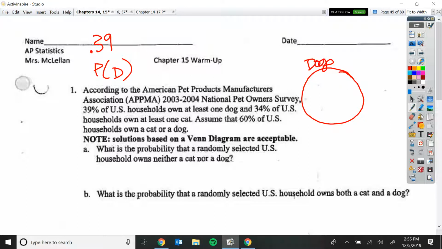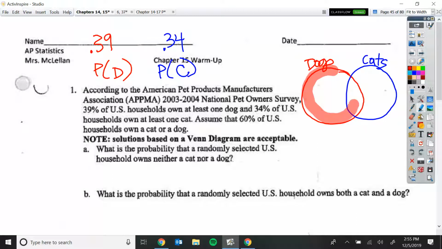Okay, but then we also know that, do you think dog and cat owners are disjoint or joint? I'm pretty sure they're joint because I imagine there are some owners who have cats and dogs. Okay. And so we know that the probability of a cat, 34% of the nation owns cats. So the issue is this.